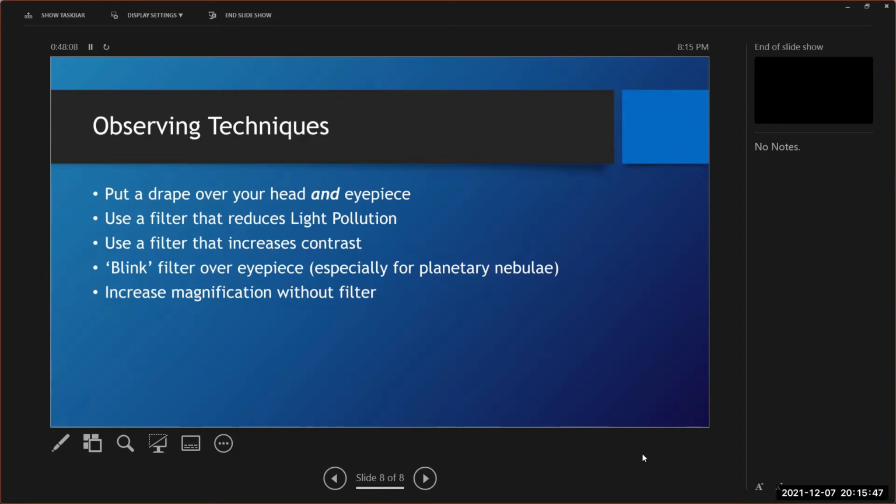Another thing I do, and I've been told by more than one person not to do this, but I do it. I blink a filter over the eyepiece. And I especially do this with the oxygen 3 filter when I'm looking at planetary nebulae. Let's suppose you're looking at a planetary that's very small. Many of them are described as stellar.